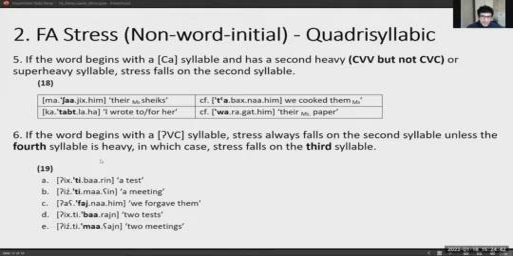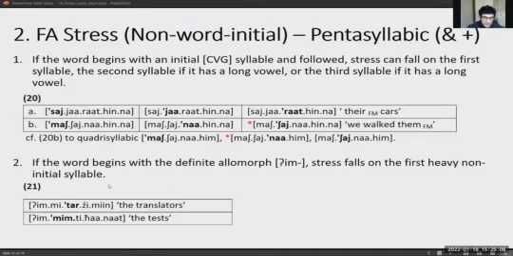That could be because even though in the first example, the word for just one test, the third syllable is still there with a long vowel, as soon as you add the dual marker, stress shifts to that syllable. Okay, so these were the cases where stress does not fall on the first syllable in words with 4 syllables.